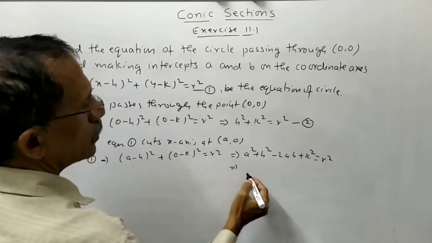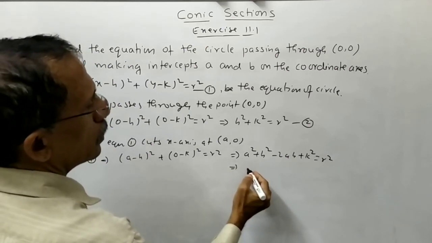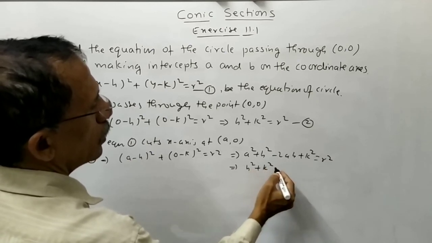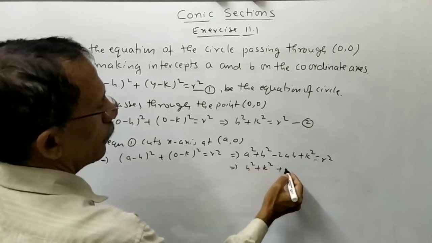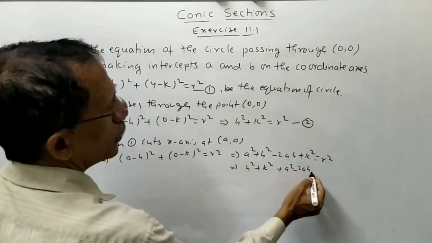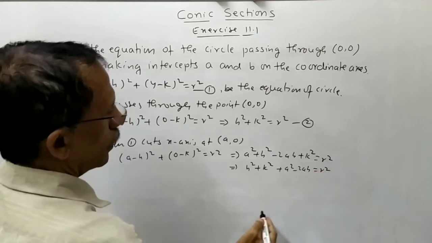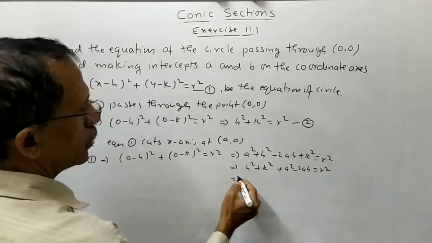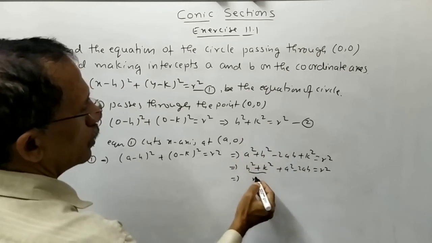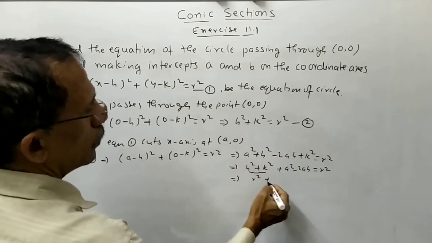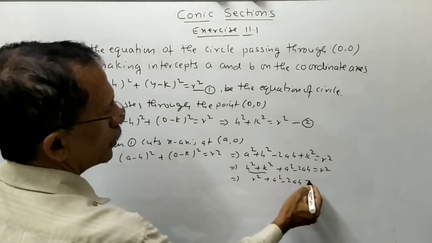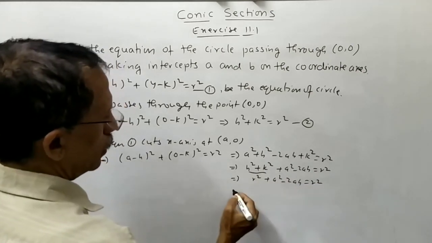This implies h square plus k square plus a square minus 2ah is equal to r square. Using 2, r square plus a square minus 2ah is equal to r square.